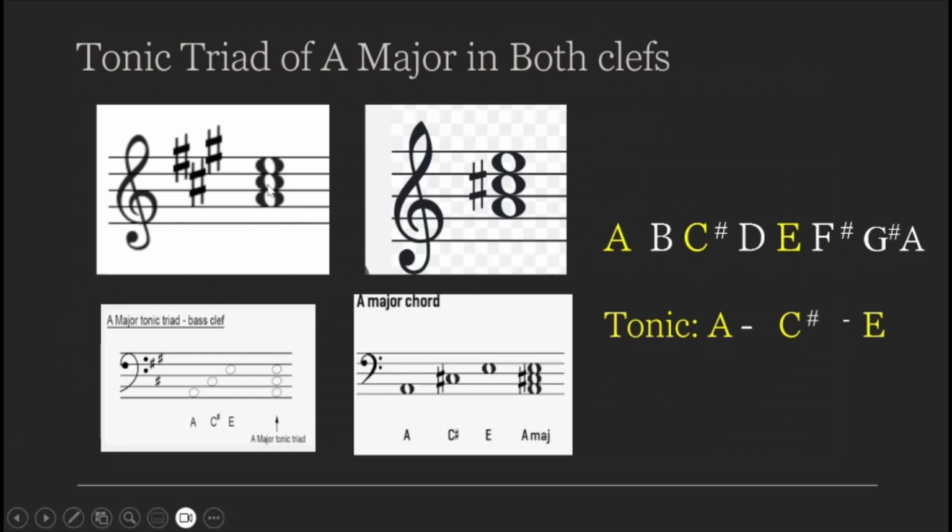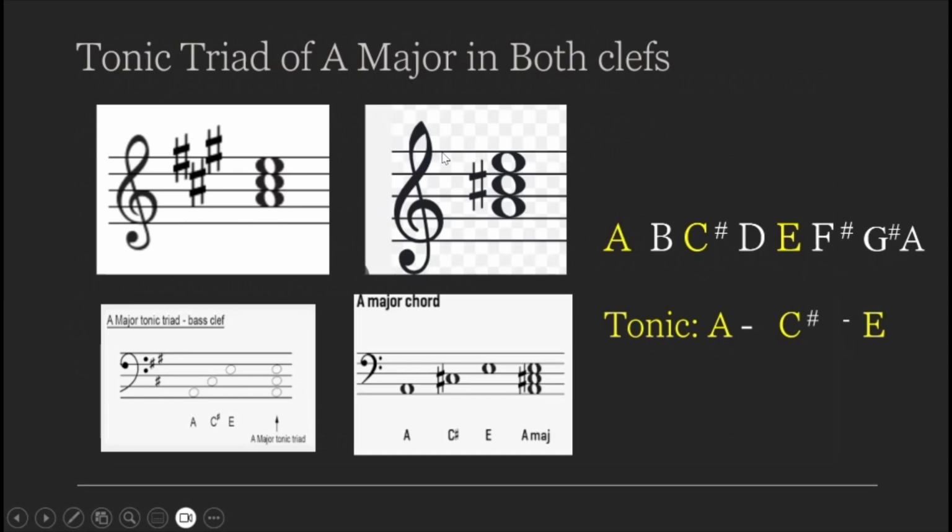So this is not ordinary C, because it was sharpened for the key signature of A major, alongside the key signature. So anywhere a note appears on C, that note is not C, but rather what? C sharp.